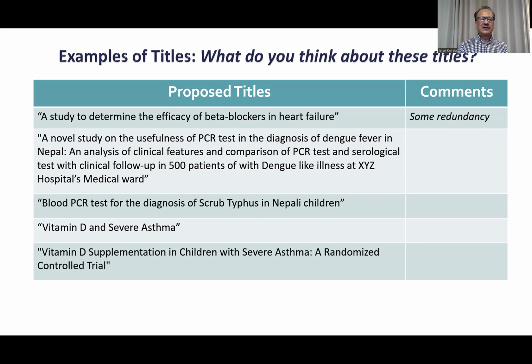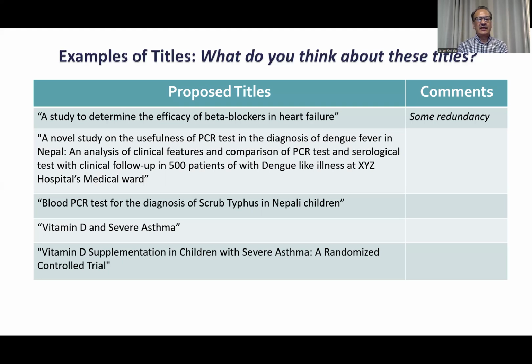So this is not necessary. Those words could be made more succinct. So it could just be determination of efficacy of beta blocker in heart failure, but it's also not complete.